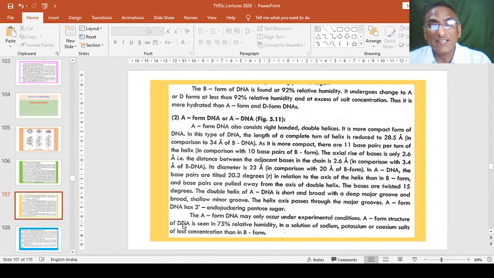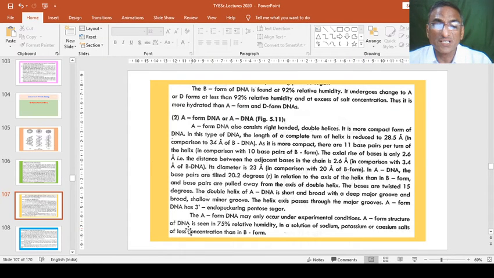A form DNA has 3' endo puckering pentose sugar. So this is the structure of A form DNA. In spite of this, the A form DNA may only occur under experimental conditions.